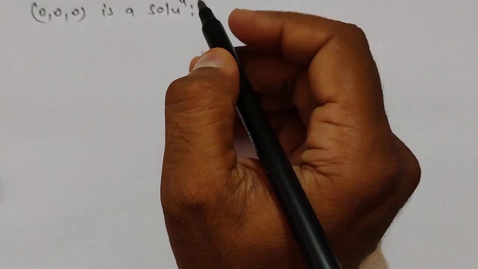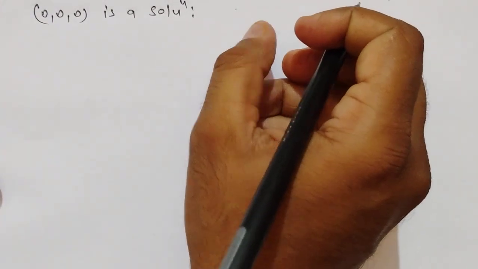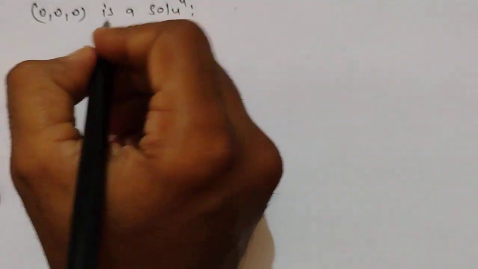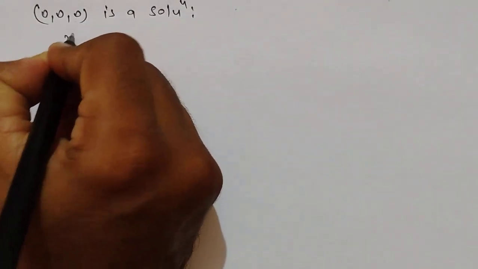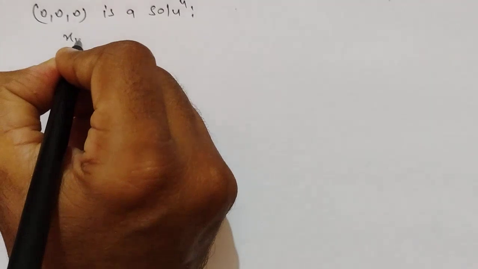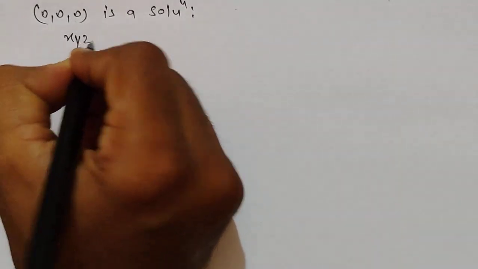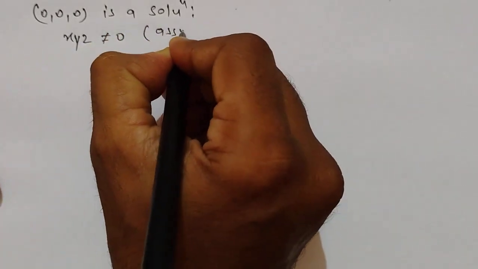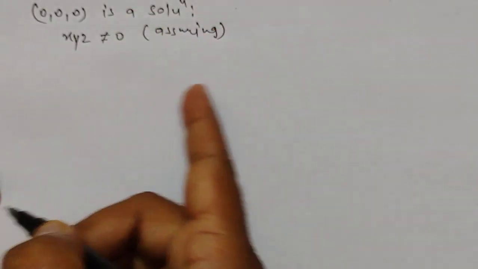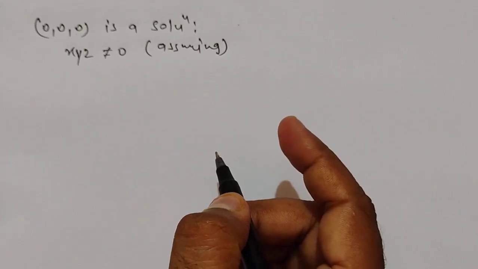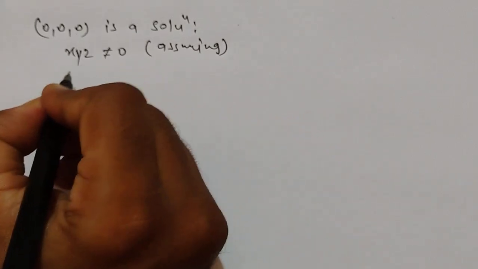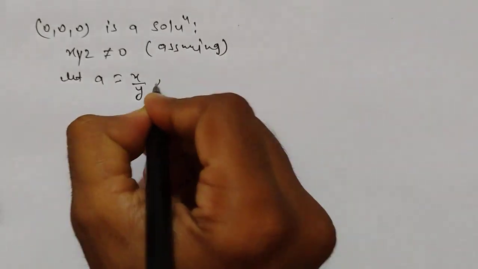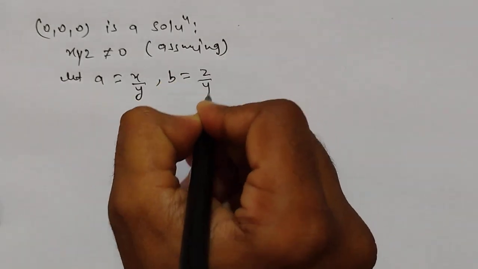It is easy to show that if one of x, y, z is 0, then the other two are 0 also, and below we can assume that xyz is not equal to 0. Let a be equal to x by y, and b equal to z by y.